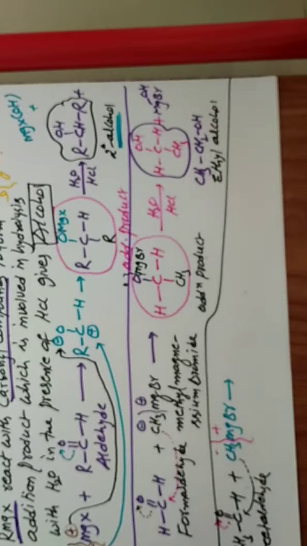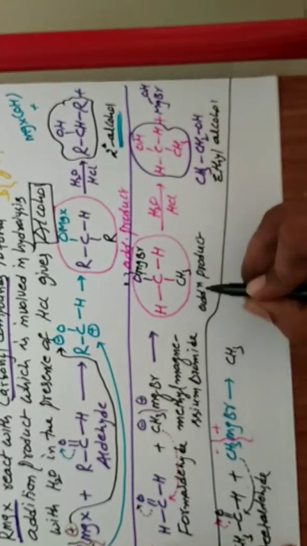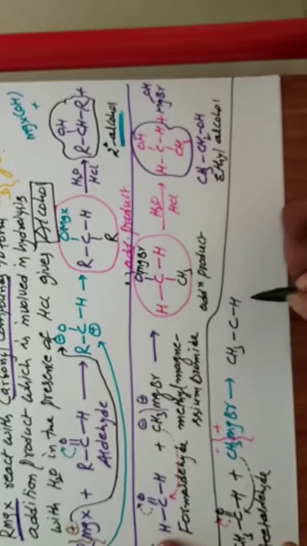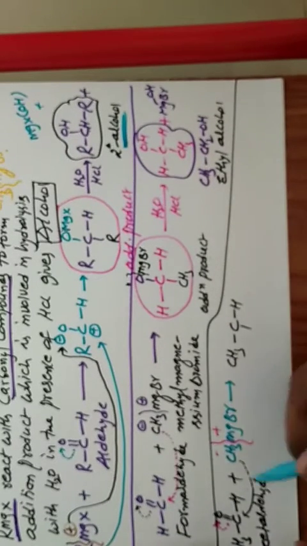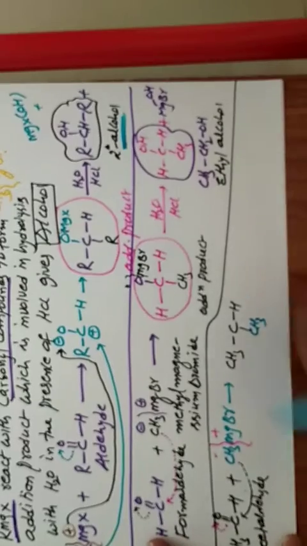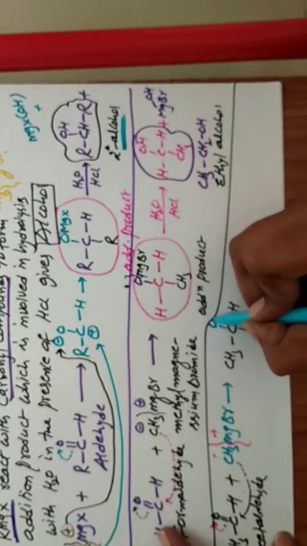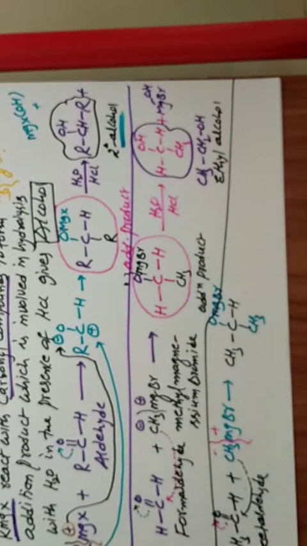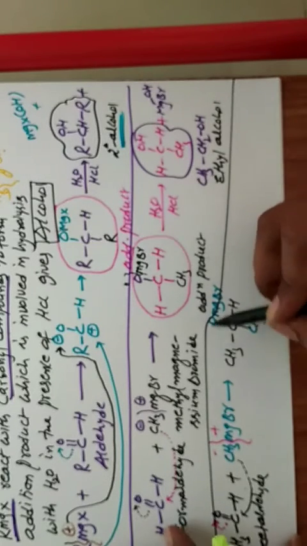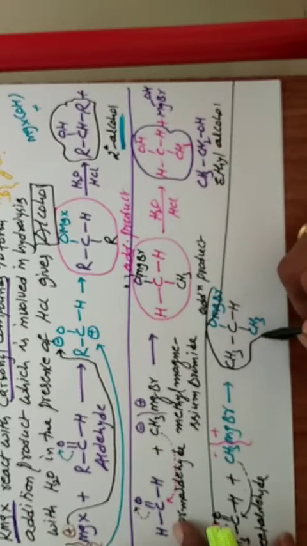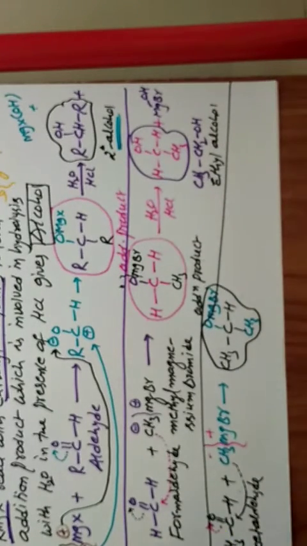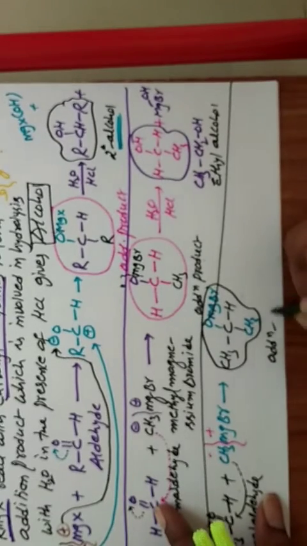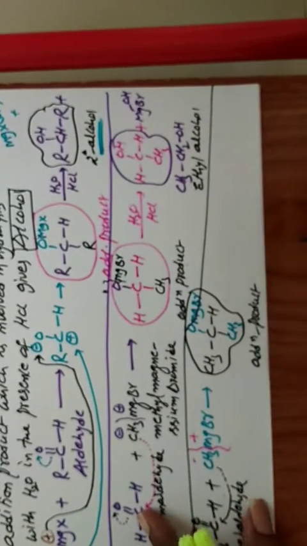What can we get? In this case we write CH3 as it is, C, H. This CH3 is attached, the pi bond will be removed, and the bond O MgBr. This is the addition product.